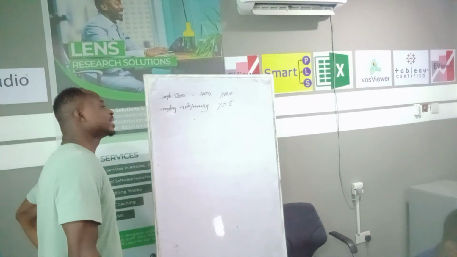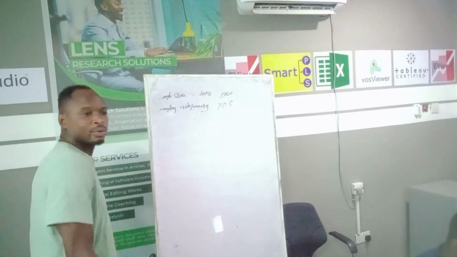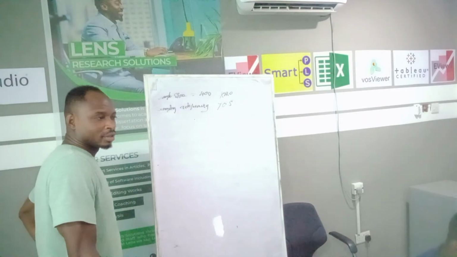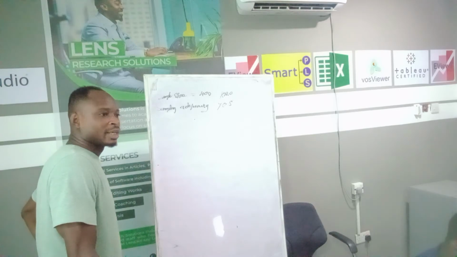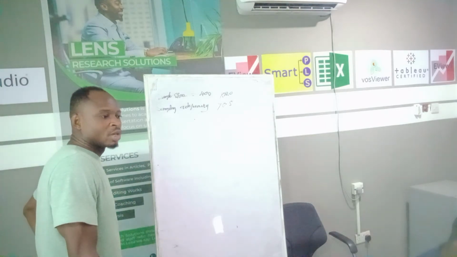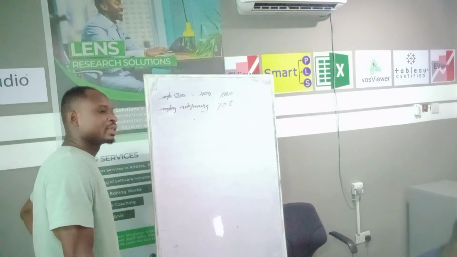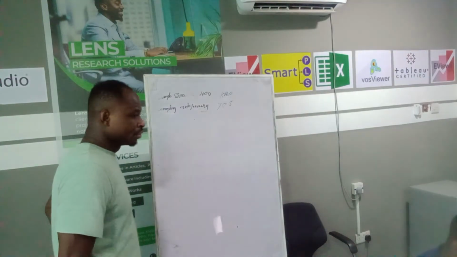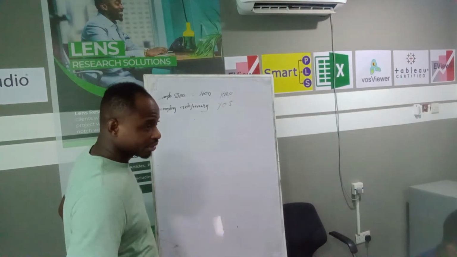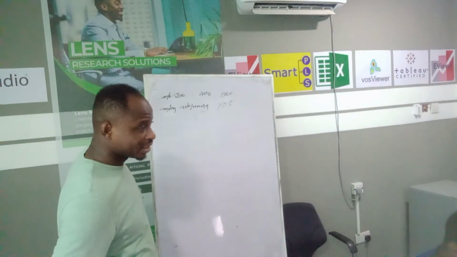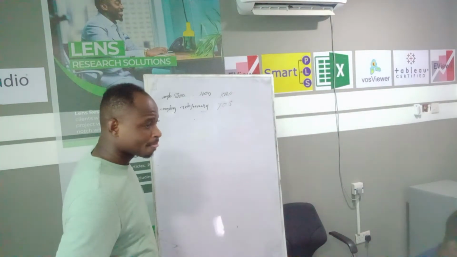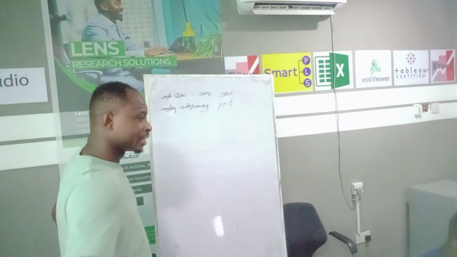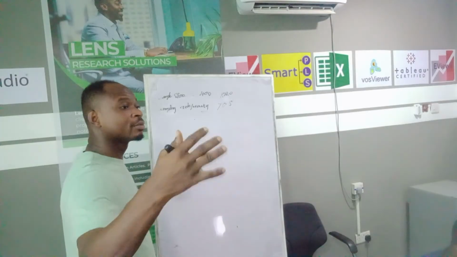If you violate the KMO, then you cannot go on with your factor analysis. You have to modify the scale and collect the data again, or collect more data.